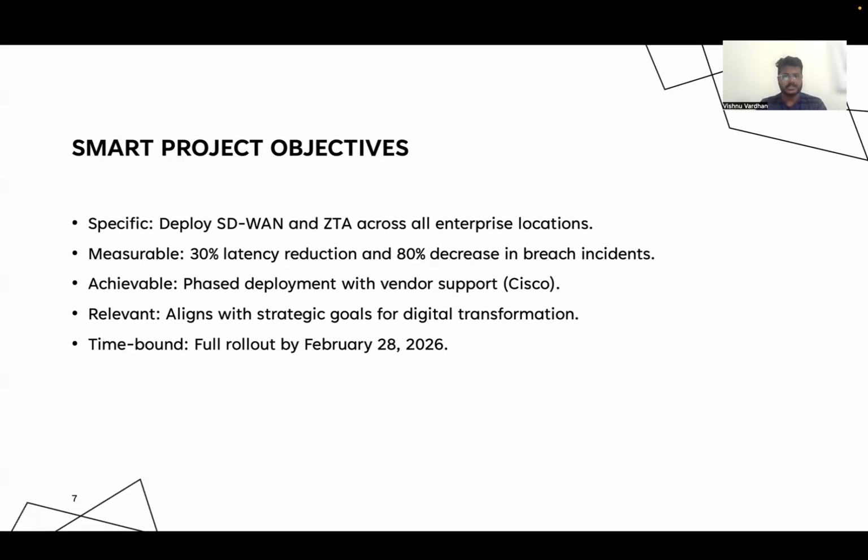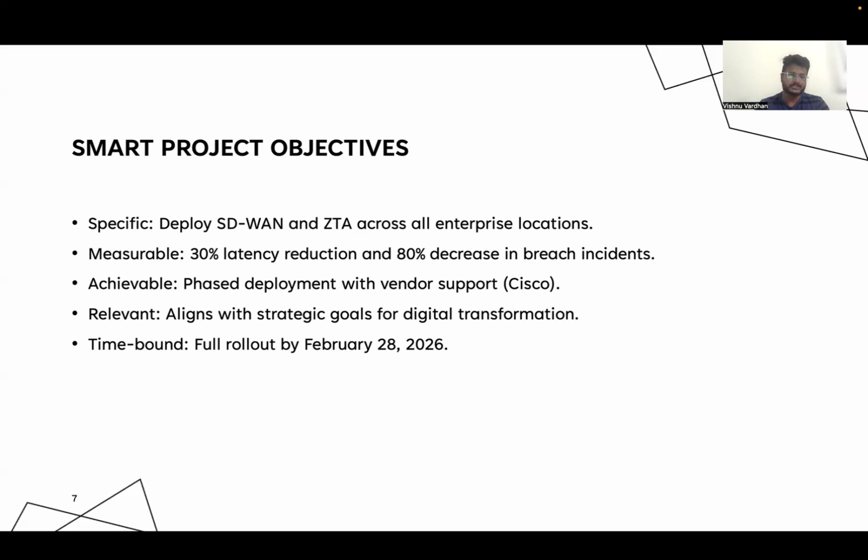These objectives are achievable through phased implementation and strong vendor support. They are relevant to the company's digital transformation goals and are time-bound, with a full deployment target of February 28, 2026.